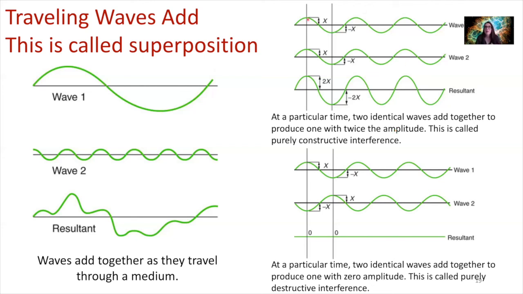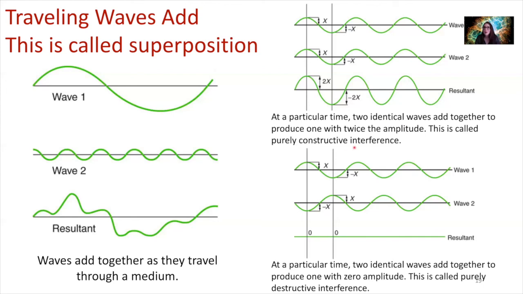So for example, let's say that two identical waves add together. So here we have wave 1, which is exactly the same as wave 2. If these waves encounter each other in a medium and they add together, the superposition of those waves produces a wave with twice the amplitude. So we added up the sum of the amplitudes for wave 1 and wave 2, and then we end up with a wave that has exactly the same shape with twice the amplitude.